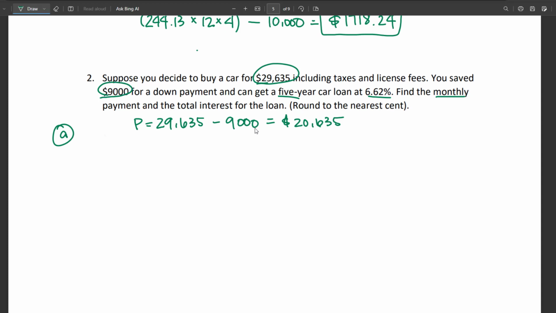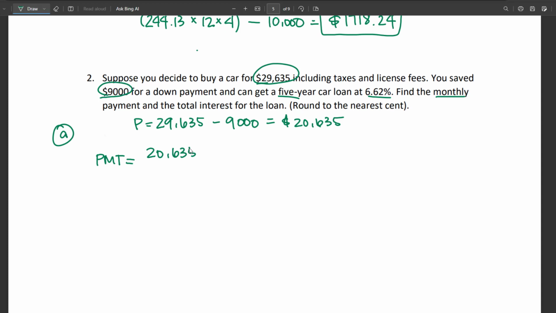So we give the $9,000 to that car, wherever we bought the car from, or we put it down at the bank, and we end up getting the loan for $20,635.